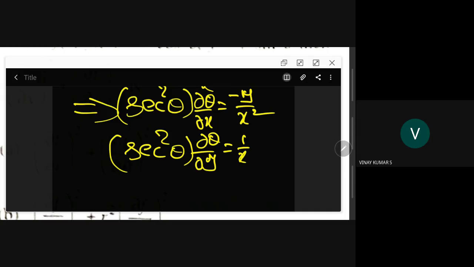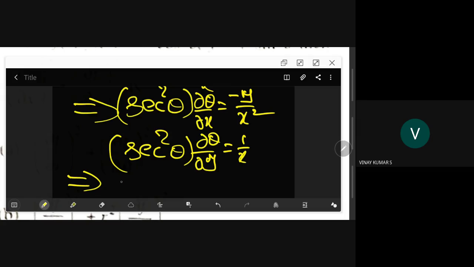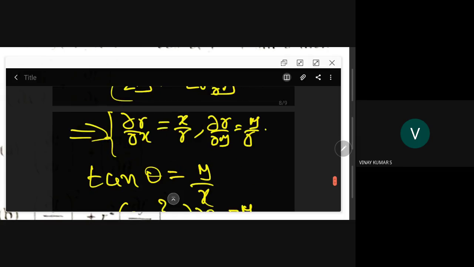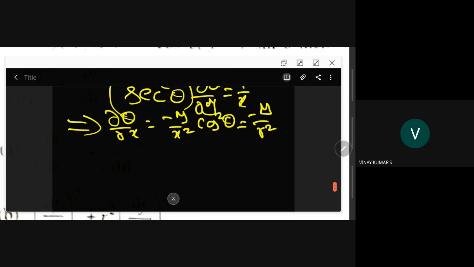This implies ∂theta/∂x is minus y by x square cos square theta. So this is x is r cos theta, so minus y by r square. This is minus y by r square. Okay, good. And what is ∂theta/∂y?